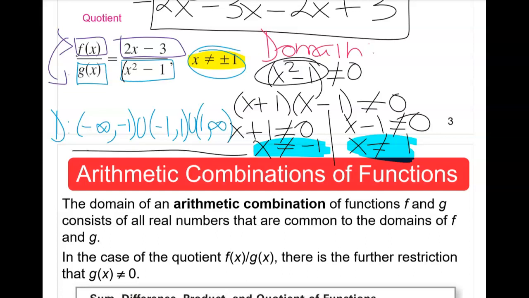If I draw this on the number line, we will have 0 here, here's -1, and here's 1. So we want to take everything from -infinity to -1, but we do not include -1, and then from -1 all the way to +1 without including 1, and then from 1 to +infinity.